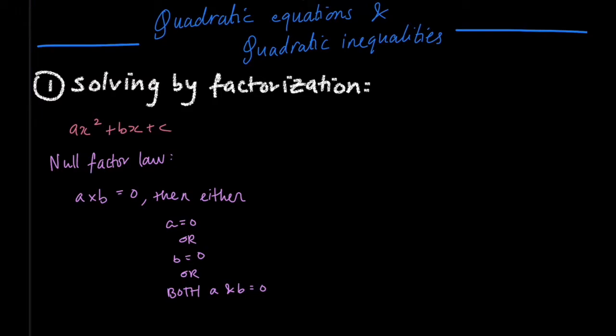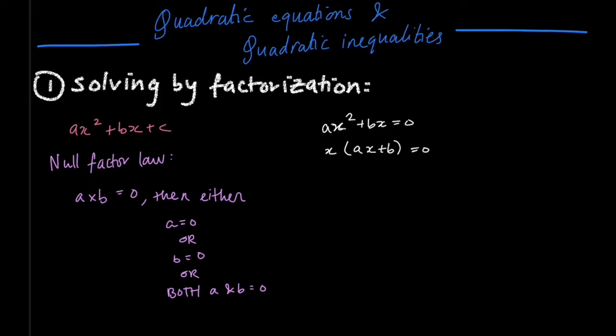When one of the coefficients b or c in ax squared plus bx plus c is equal to 0, the quadratic equation is easier to solve. Let's look at what I mean by that. Let's consider ax squared plus bx is equal to 0. In this case, c is 0, so we don't have to write it down. If we factorize it and take x common, we get x times (ax plus b) is equal to 0.